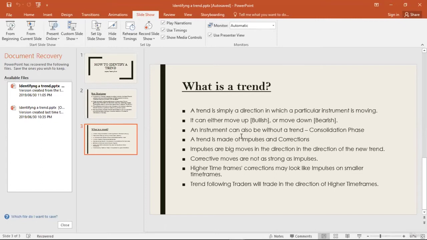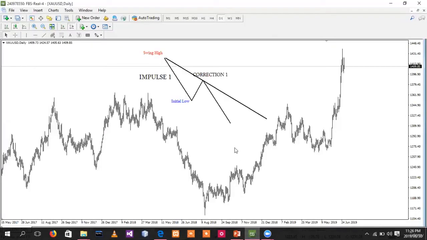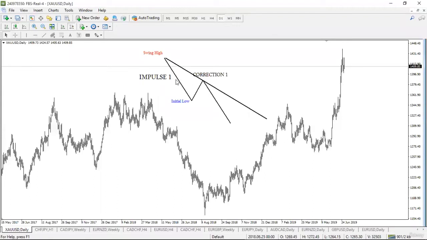So these are moves in the direction of the trend, and these are moves in the opposite direction. In nature, impulses are big moves in the direction of the new trend. So those will be big moves. You will see strong candles when you get your impulses in the direction of the trend. You're going to have strong moves.